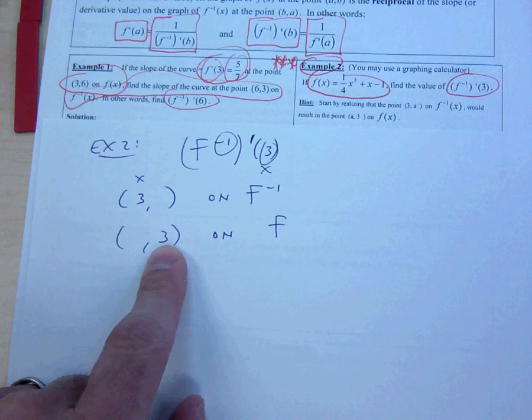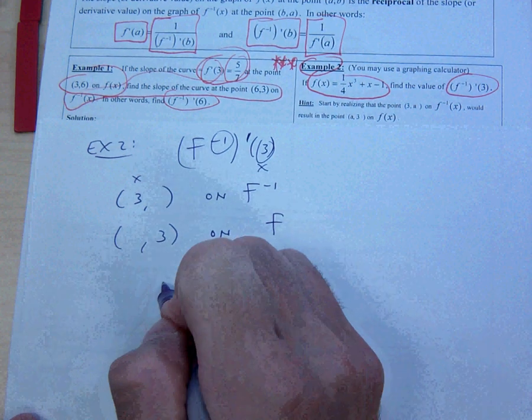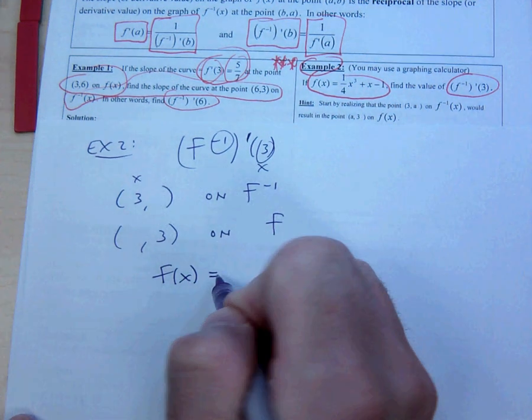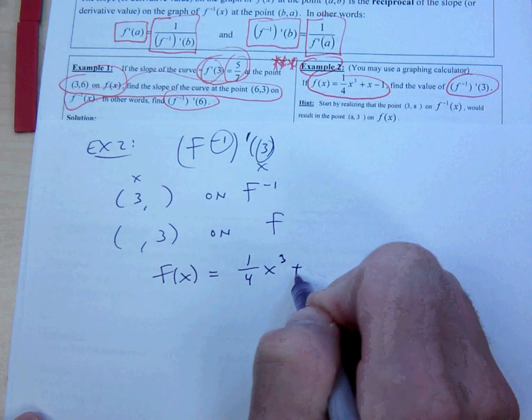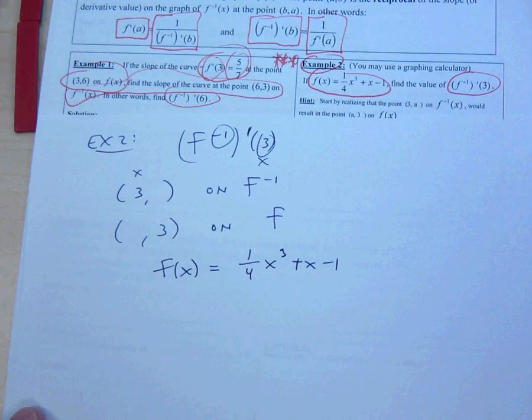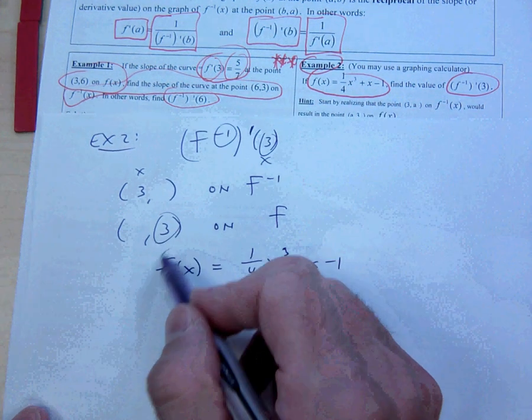Now, what you need to do here is take f of x, which is this, and again, this is a y value on f, isn't it? So put a 3 there.